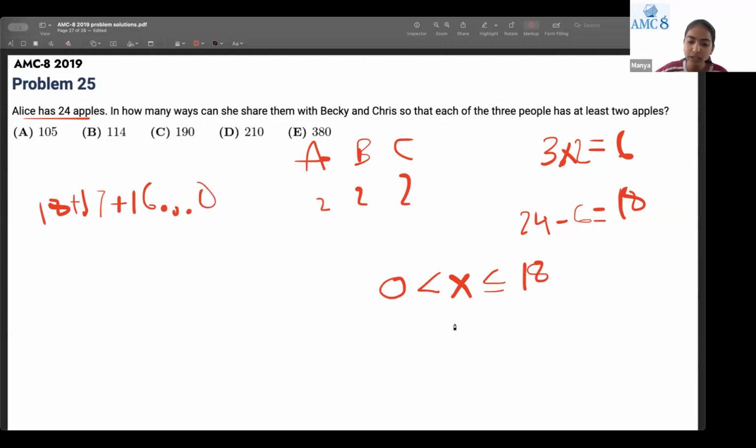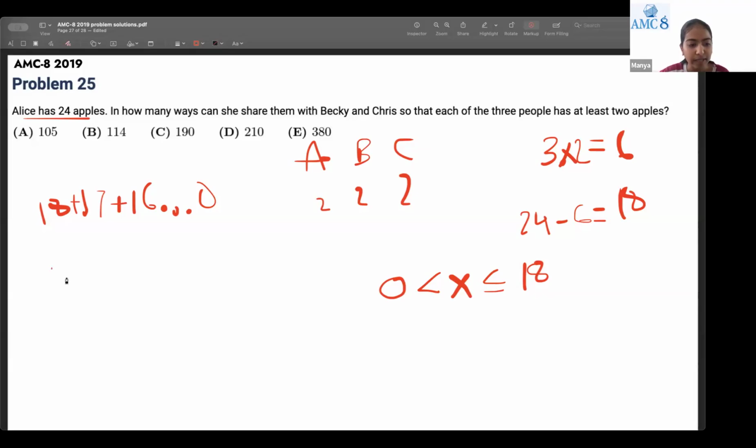Well, first of all, we can't do 0 because x has to be greater than 0, but x has to be less or equal to 18. Well, in this case, we would have to add 1 here because we cannot do 0 and there has to be 18 different possibilities. And we can definitely not do 0 because there cannot be 0 different ways. We already know one possible way, 2, 2, 2.